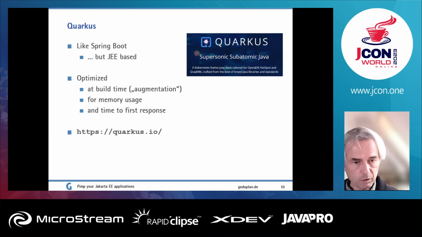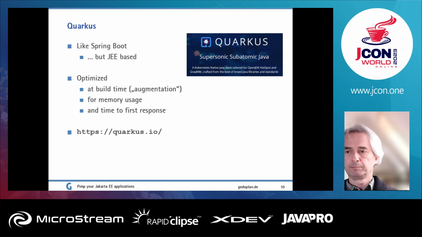So you know the beans that have to be injected in some injection points already at build time, and Quarkus makes use of that. At build time there is some glue code produced that can be run in production later on in runtime immediately, without doing reflection for those things as we have done before.